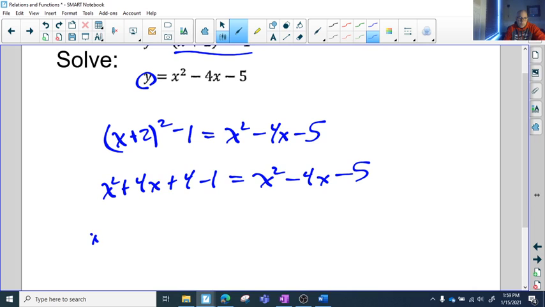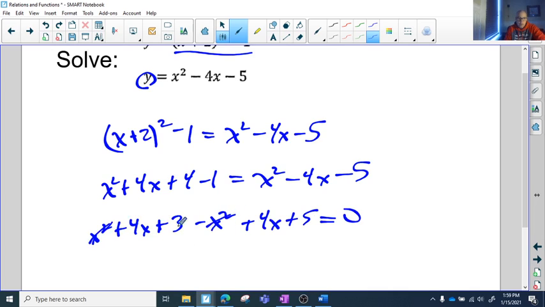So I'm going to have x squared plus 4x plus 3, and the other side moves over and becomes minus x squared plus 4x plus 5 equals 0. That gets rid of that. 4x plus 4x is 8x plus 8 equals 0.